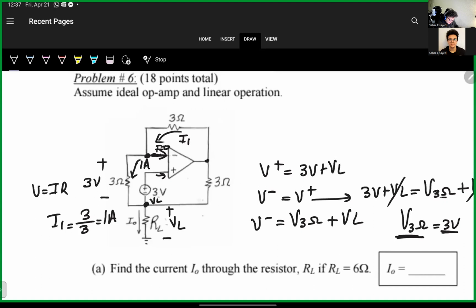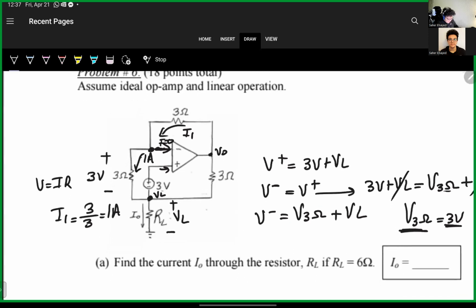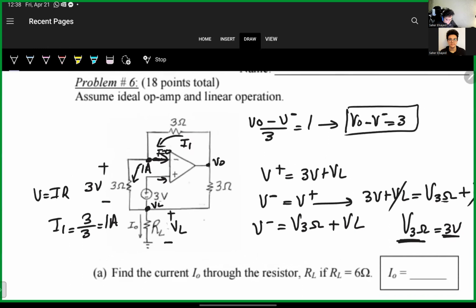So if we trace it back, this is V out. V1 minus V minus divided by 3 is equal to 1 amp, which means V out minus V minus is equal to 3. Okay, let's keep it like that. We'll come back to it again.